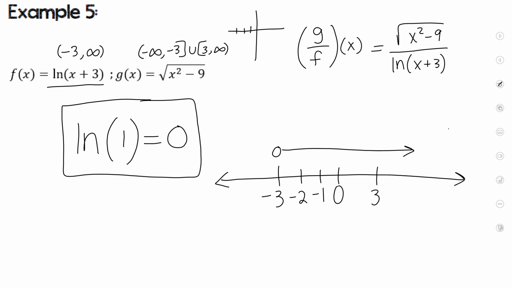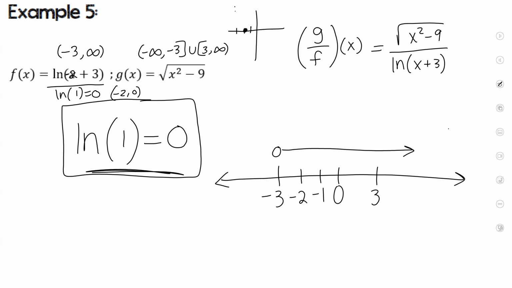And what can you plug in right here so you get 1? -2. So ln, if you plug in a -2 here, we get 1. And what's ln of 1? 0. So guys, that means the point -2, 0 should be on my graph.